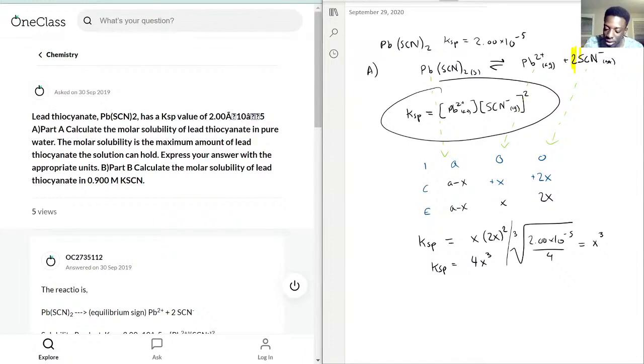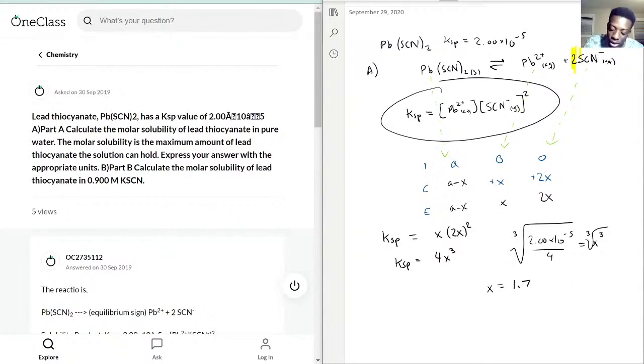All right, so this is what we have here for that step, just so we're keeping along. Just going to move this over to the side. And we find out that when we do that, x is equal to, let me just double check the calculator, 1.71 times 10 to the negative 2 moles per liter.